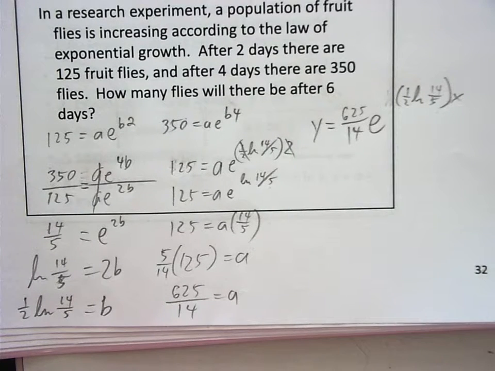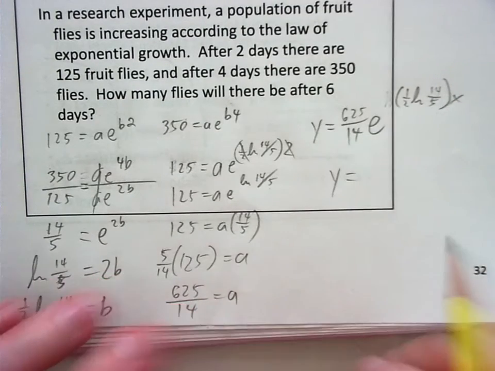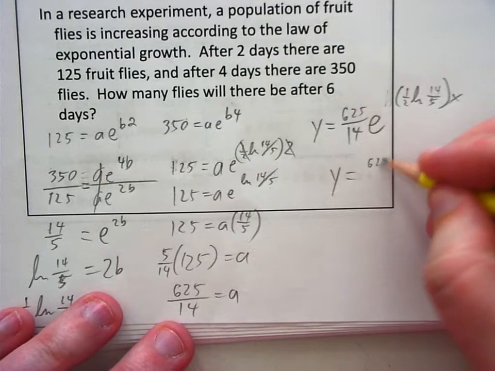Then what? Plug in 6 for x. So that you can just type in your calculator. What do you get?